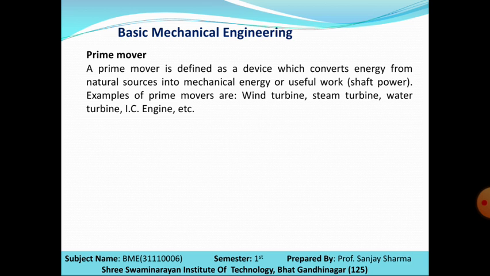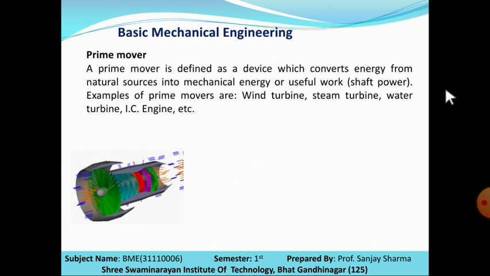For example, a blender or mixer in our kitchen is an example where a motor is connected and there is a cutter attached to it, so it will crush the material, whatever it is. So these are examples of prime movers.